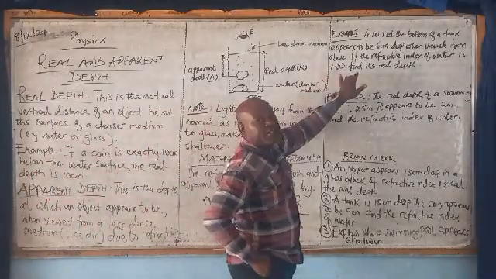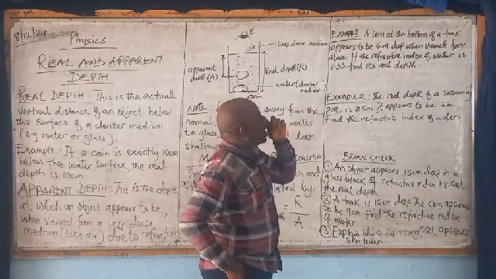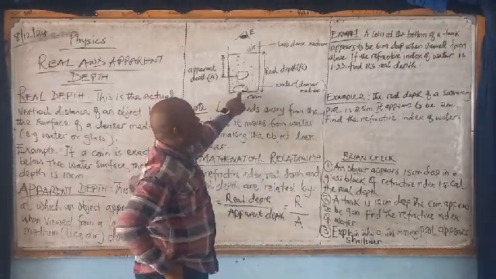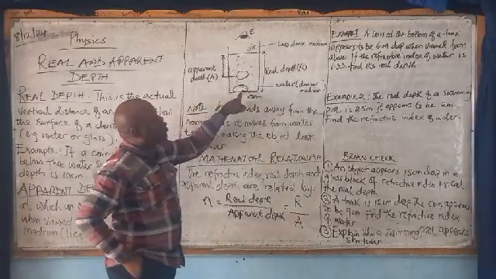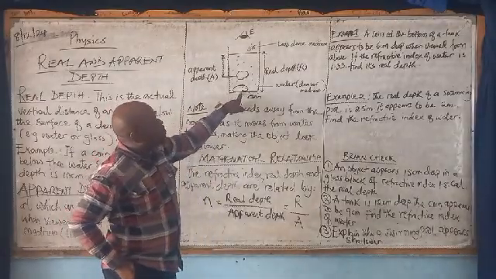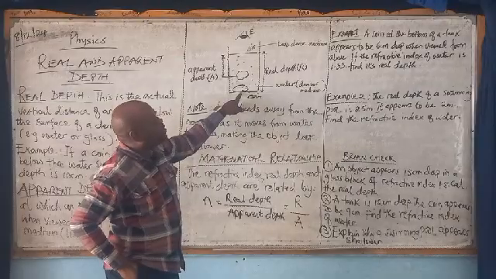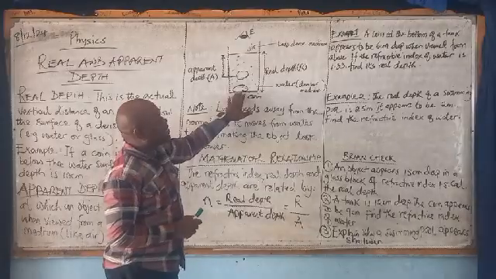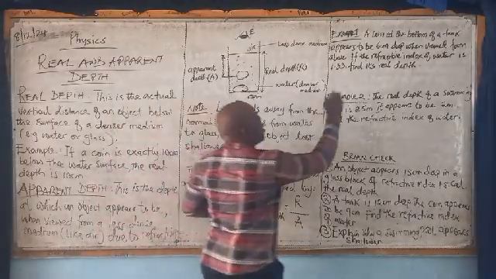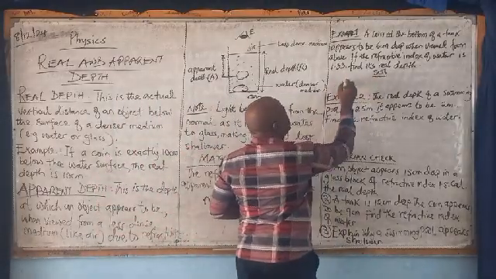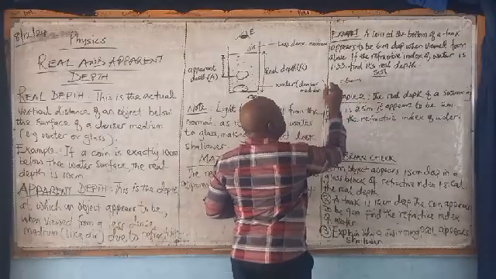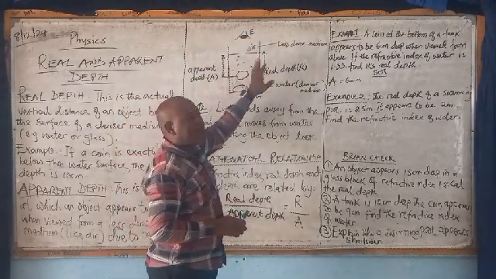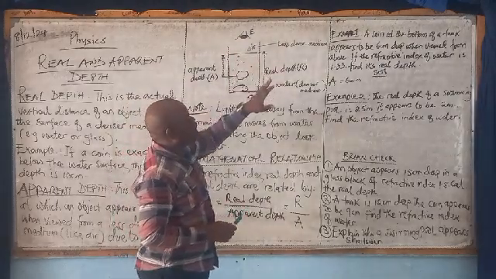Now, we have one example here. If we use this diagram as an illustration, a coin at the bottom of a tank appears to be 6 centimeters deep when viewed from above. It simply means this 6 centimeters is our apparent depth, because this is where the observer has viewed the coin.